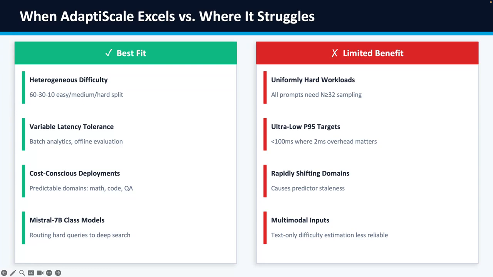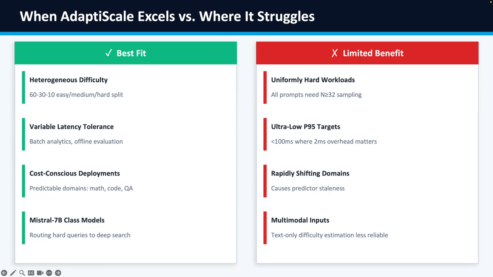The right panel shows where Adaptive Scale provides limited benefit. If your workload is uniformly hard, where all prompts genuinely need 32 or more candidates, there is no routing gain because everything goes to the expensive path anyway. Similarly, if P95 latency targets are under 100 milliseconds, the 2 millisecond prediction overhead and 3 to 5 millisecond routing delay become non-trivial.